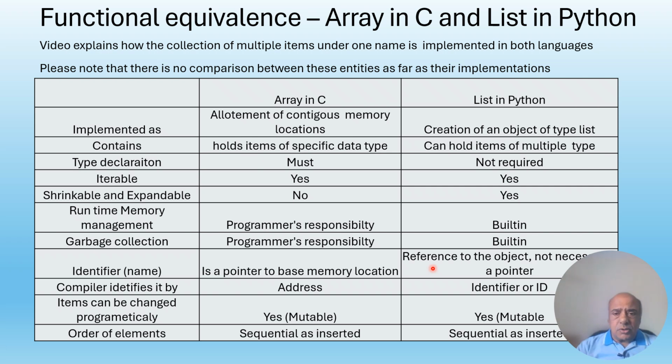In Python, the identifier which we assign with a list is a reference to the object of type list. It may not be a pointer depending on different implementations of Python.